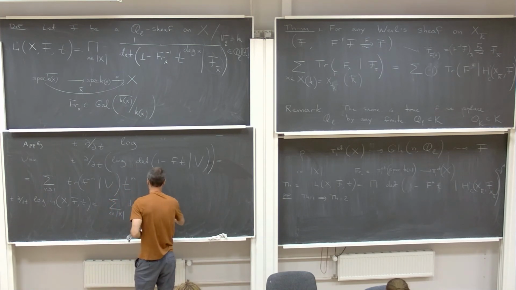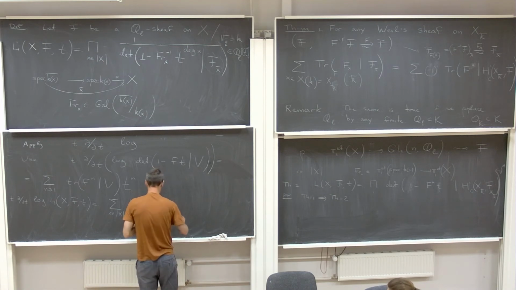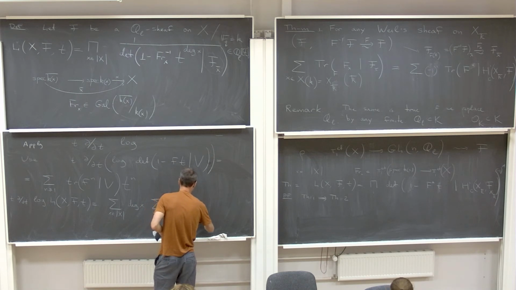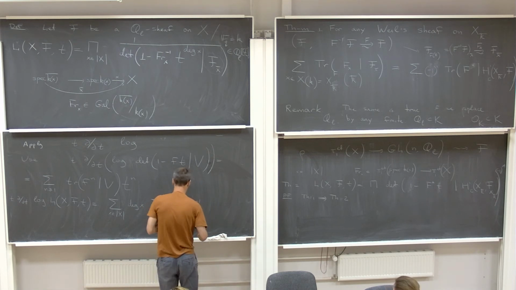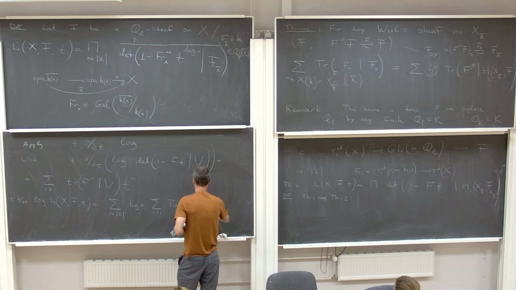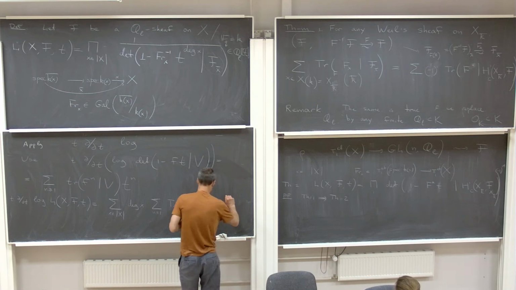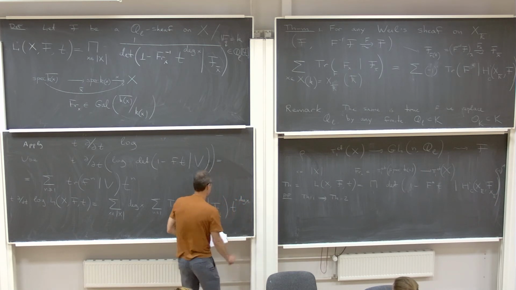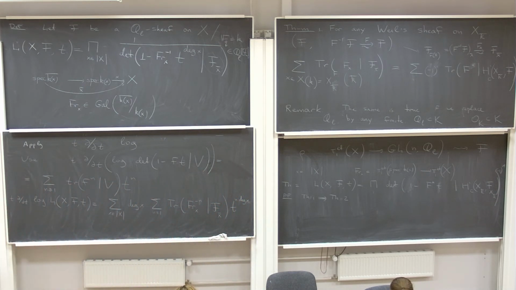And then I have the sum over n greater than or equal to 1 of the trace of the Frobenius to the power negative n acting on the fiber, times t to the n times degree of x. Right? So far, nothing happened.